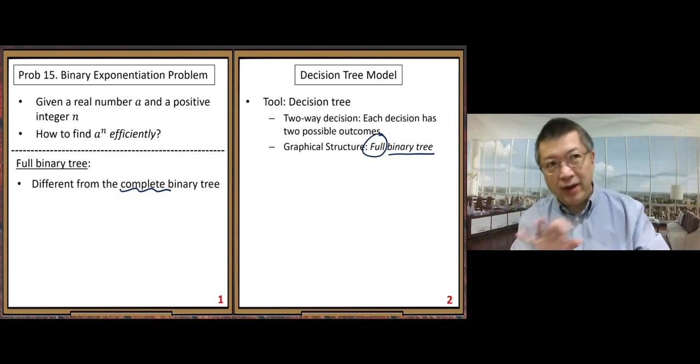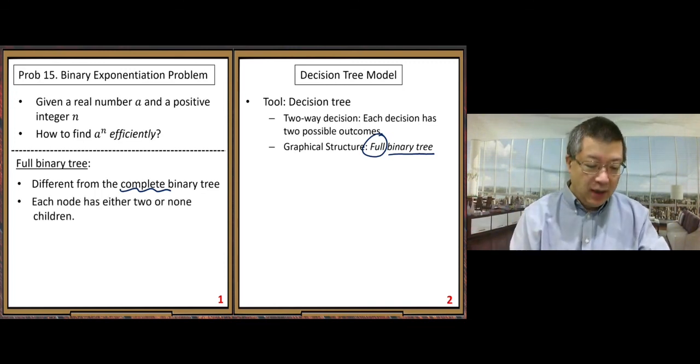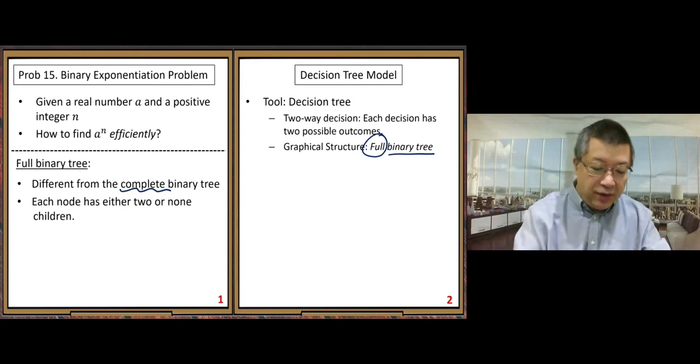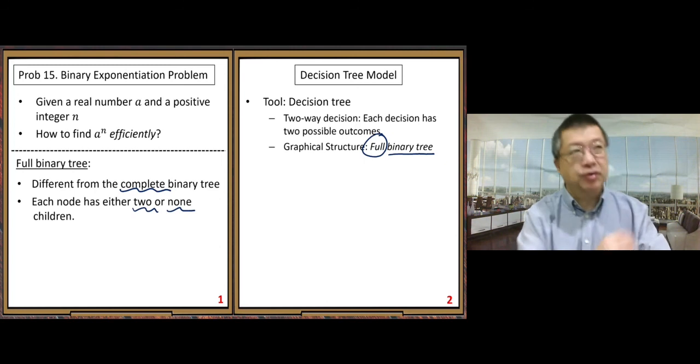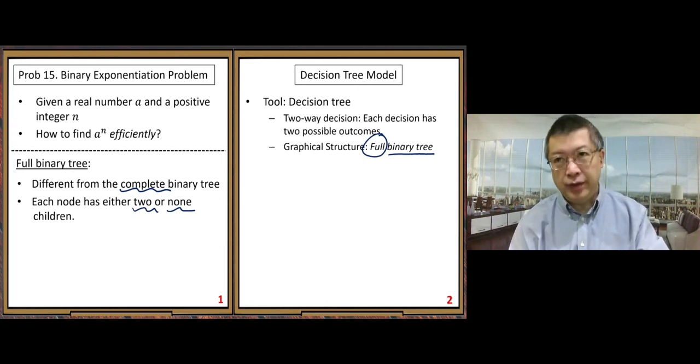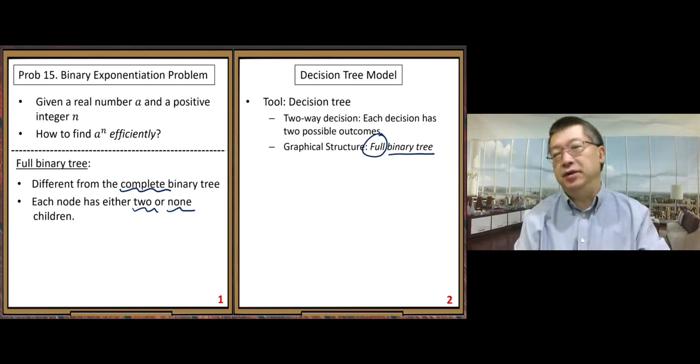Later we will compare complete binary tree and full binary tree. In a full binary tree, each node has either two or none children. It cannot have exactly one child node.